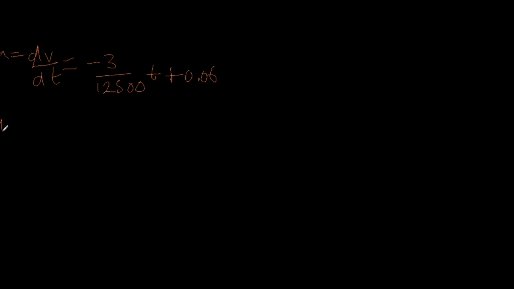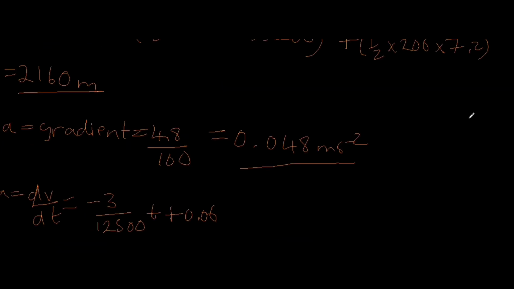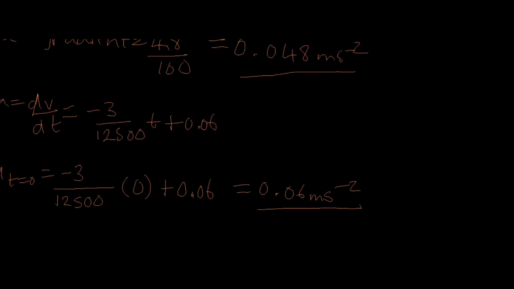So we plug in t is equal to 0 over here, multiplied by 0 plus 0.06. This goes away, and we simply get 0.06 meters per second squared. So this is the initial acceleration of B, and this is the initial acceleration of A.